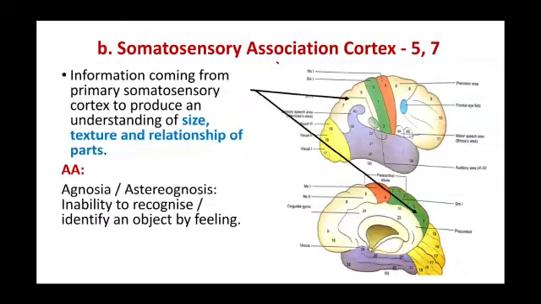It uses information coming from the primary somatosensory cortex to produce an understanding of size, texture and relationship of parts. In applied aspects, agnosia or astereognosis is the inability to recognize or identify an object by feeling.